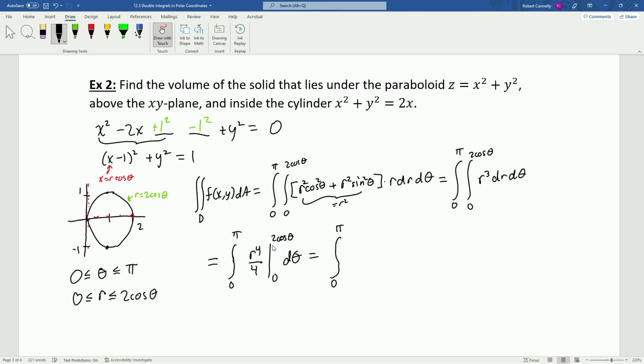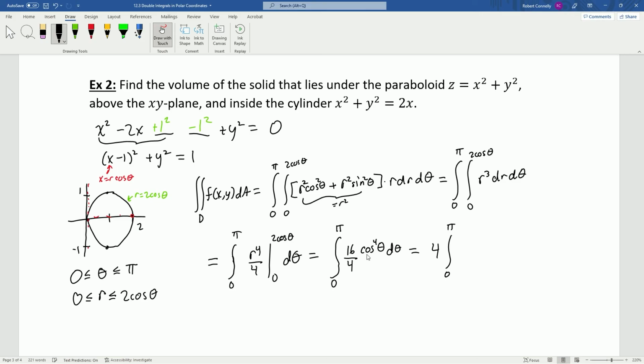Okay, 2 to the 4th power is going to be 16 over 4 times cosine to the 4th power, d theta. So this is 4 times the integral from 0 to pi.